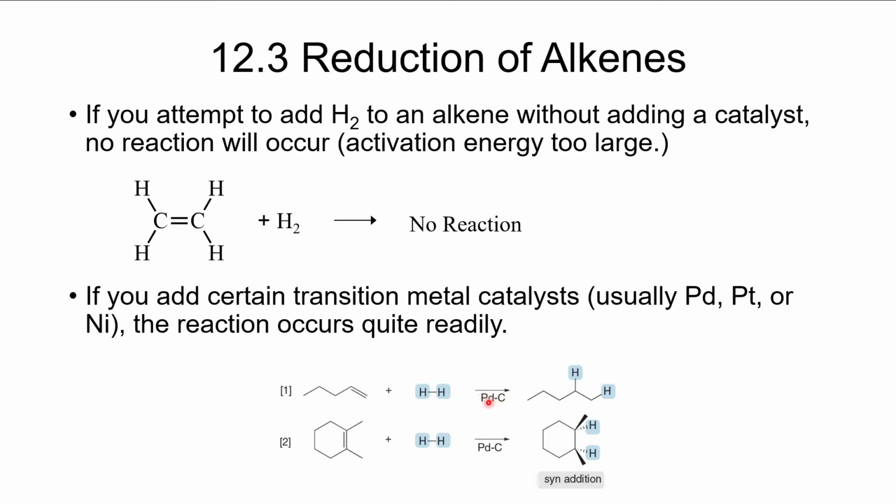You won't see palladium just by itself. The carbon makes it so that the reaction happens in a reasonable amount of time. If you just throw a chunk of palladium in there, the reaction is going to be so slow that you might as well just not be doing it. And you'll see here we add hydrogen across the carbon-carbon double bond, and we end up getting an alkane from an alkene.